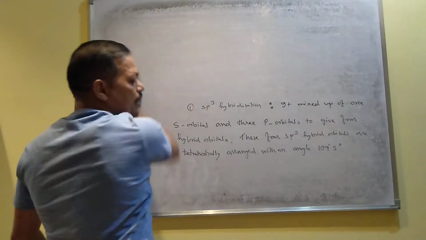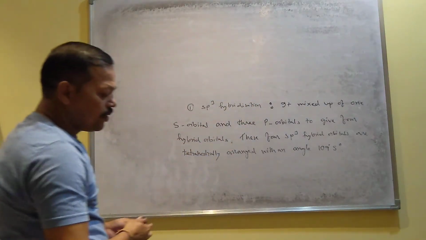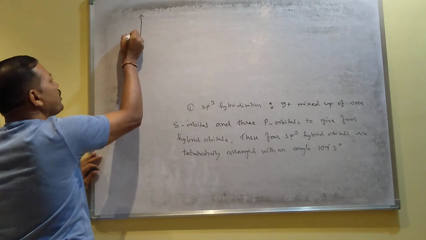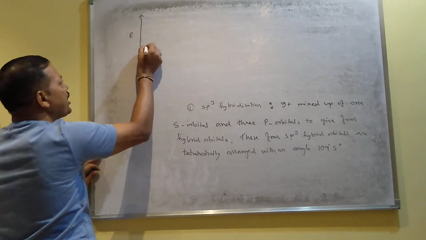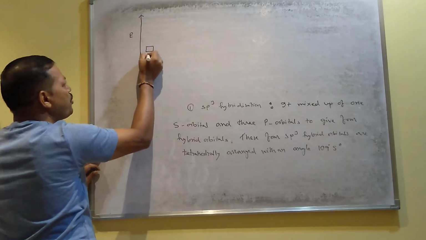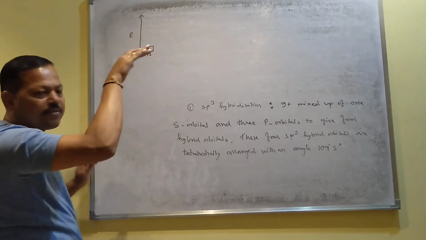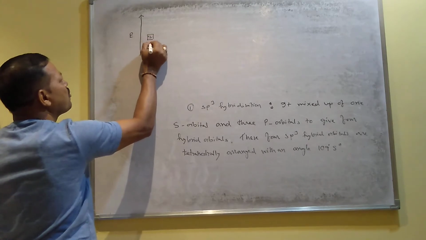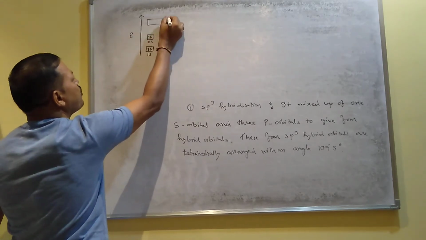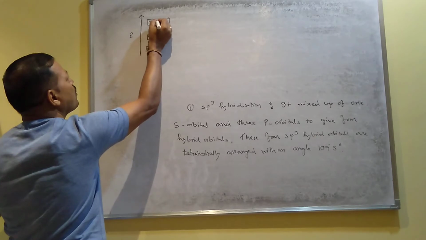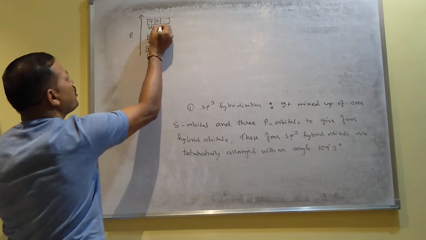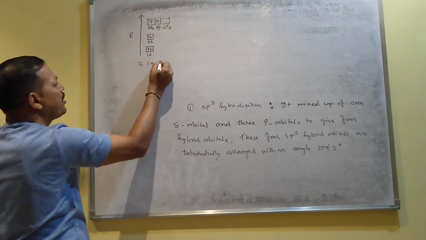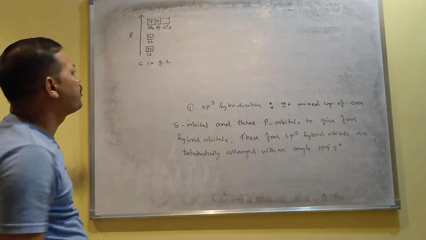So how does it undergo sp3? See, in case of carbon, if you want to write the electronic configuration according to energy, 1s has the lowest energy, that's why I have written it below: 1s2, 2s2 and 2p2, with 2px1, 2py1, 2pz vacant. This is called carbon in ground state, as I have already shown you.